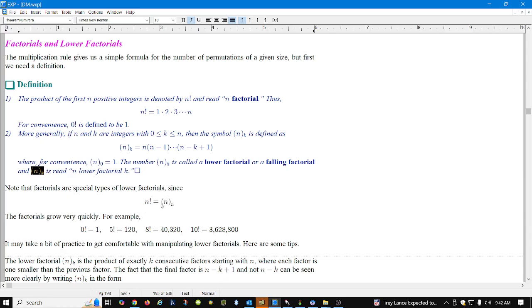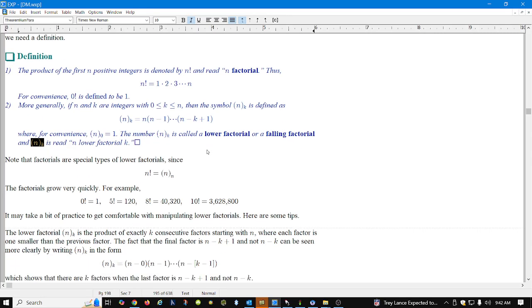N factorial is n lower factorial n, because if you stick an n in here for k, this will be the product n all the way down to 1, and that's n factorial. The factorials grow quite quickly, so by the time you get to 10 factorial, you're in the 3.5 million range.